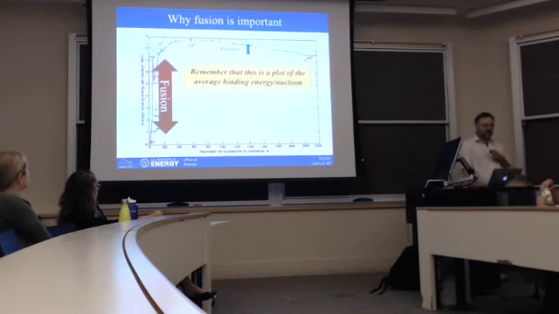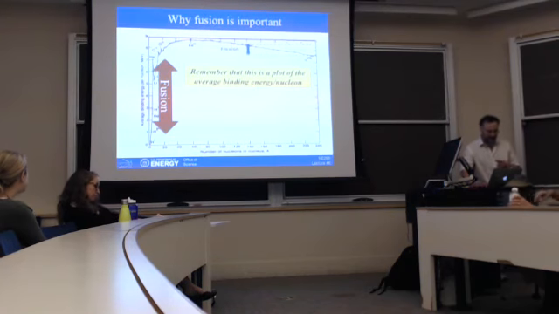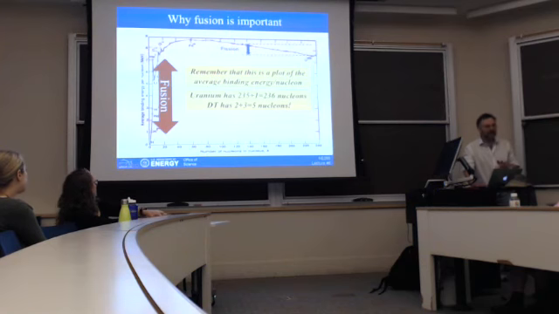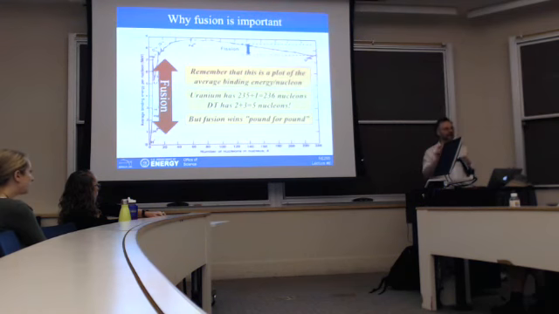So you need to remember when I showed you this is the binding energy per nucleon, not the total binding energy. Uranium has 235 nucleons plus one for the neutron that came in. DT has 5. But if you look at the energy released per nucleon, fusion beats fission.